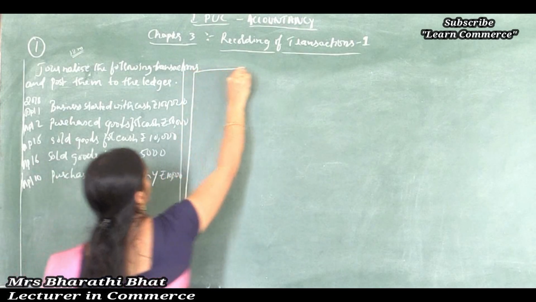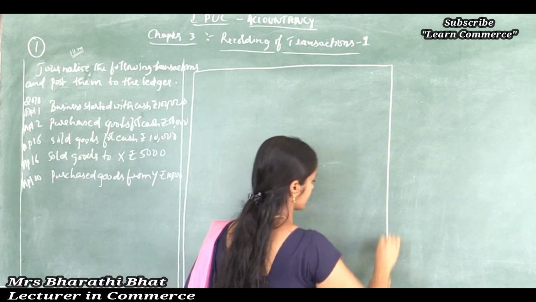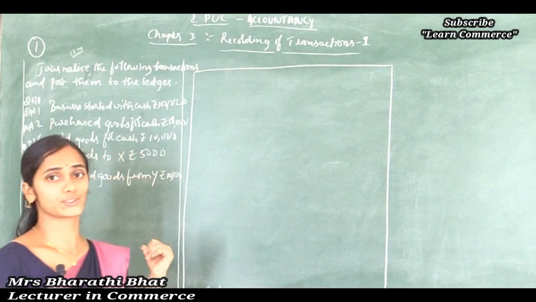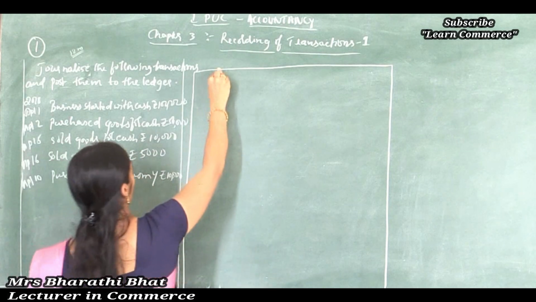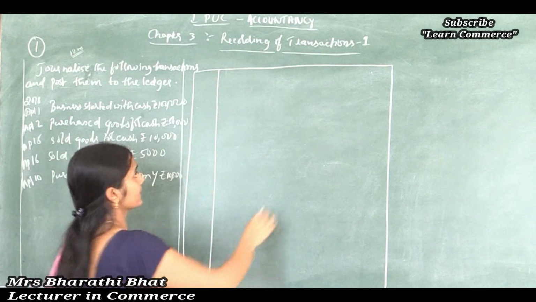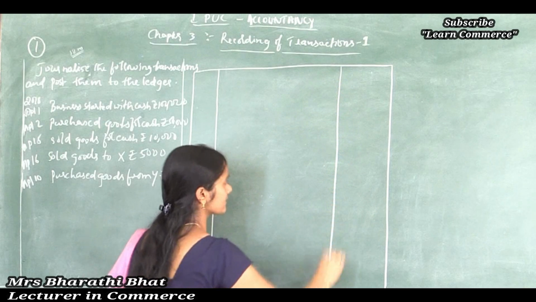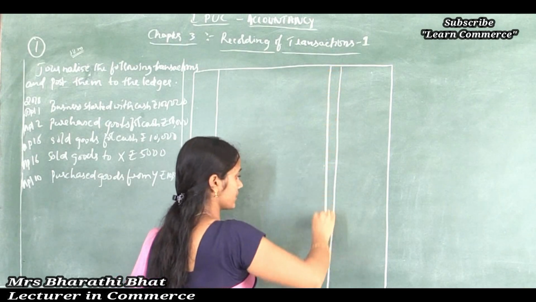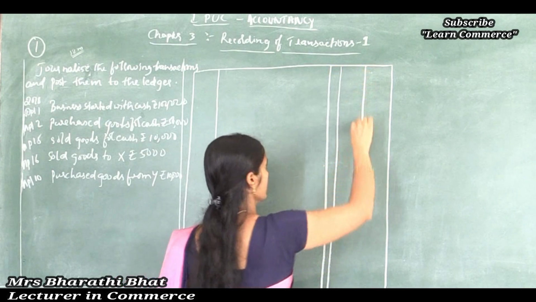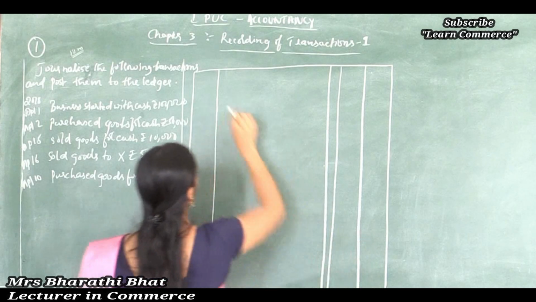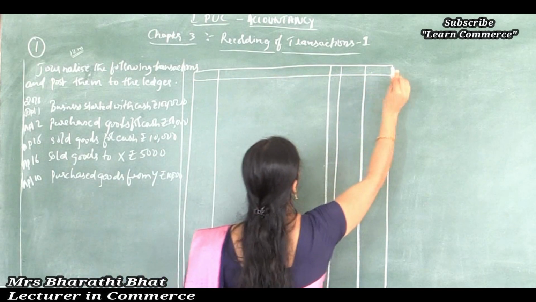Okay, let's move to the next step, that is the preparation of journal entries based on the business transactions. What is the format? Date, particulars, LF, which is a small column, and two amount columns to record the debit amount and credit amount.